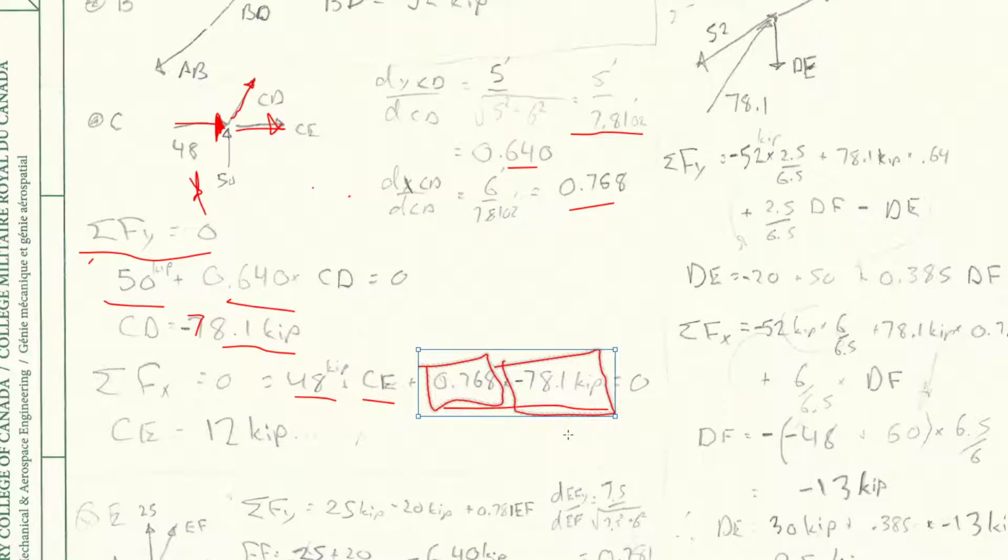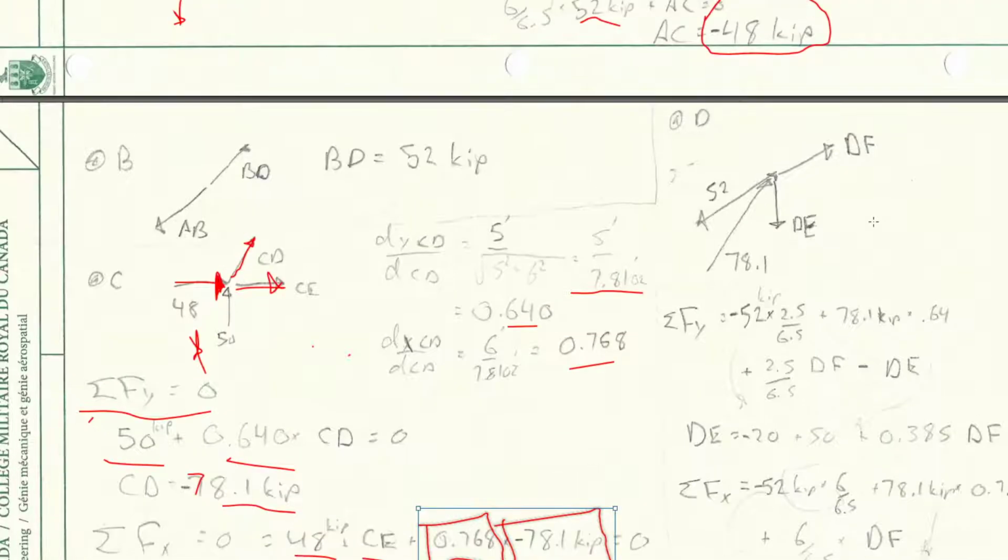So the fact that this is in compression needs to be taken into account. So that's why you need to ensure that you do throw your negative values in there. So it's simple enough from there to solve CE as being 12 kip.